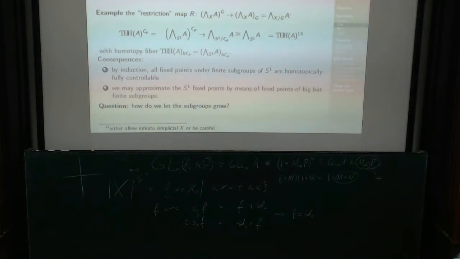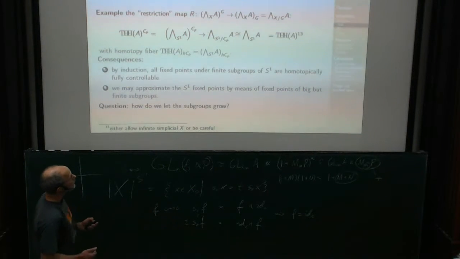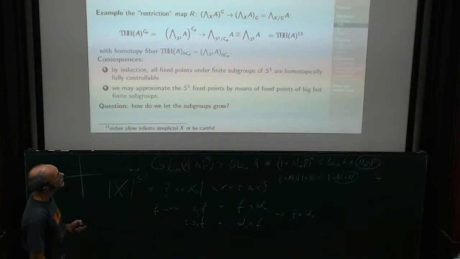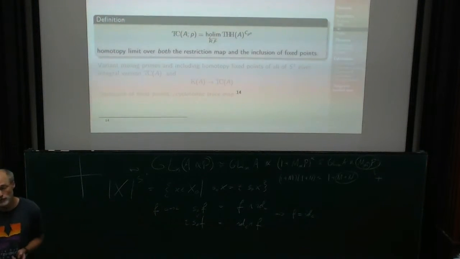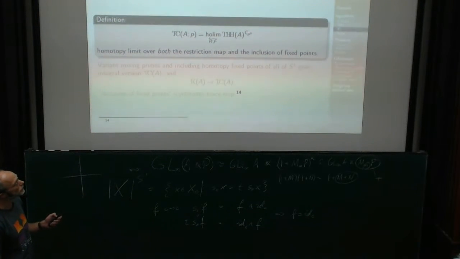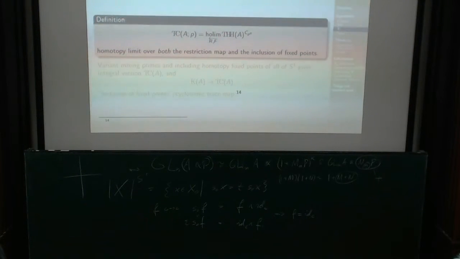The question that Bökstedt, Hsiang, and Madsen had to address was, how do I access these enormous subgroups? How do I let the subgroups grow? And there are two answers to that, and their answer is to do both answers simultaneously. They define topological cyclic homology, where I fix a prime here, as the homotopy inverse limit of the fixed points of the cyclic groups of prime power order, by means both of these restriction maps and of the natural inclusion of fixed points that you do have.